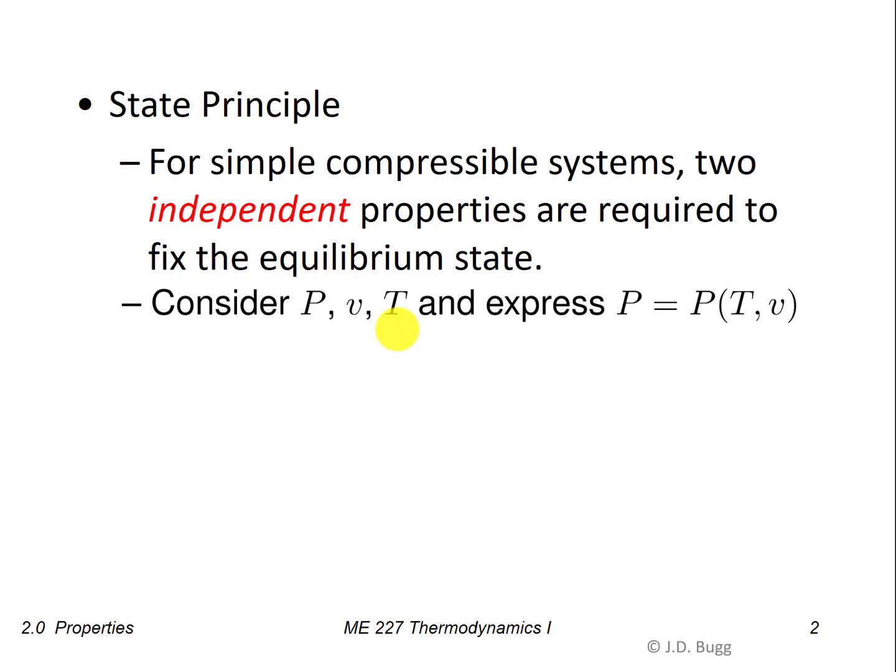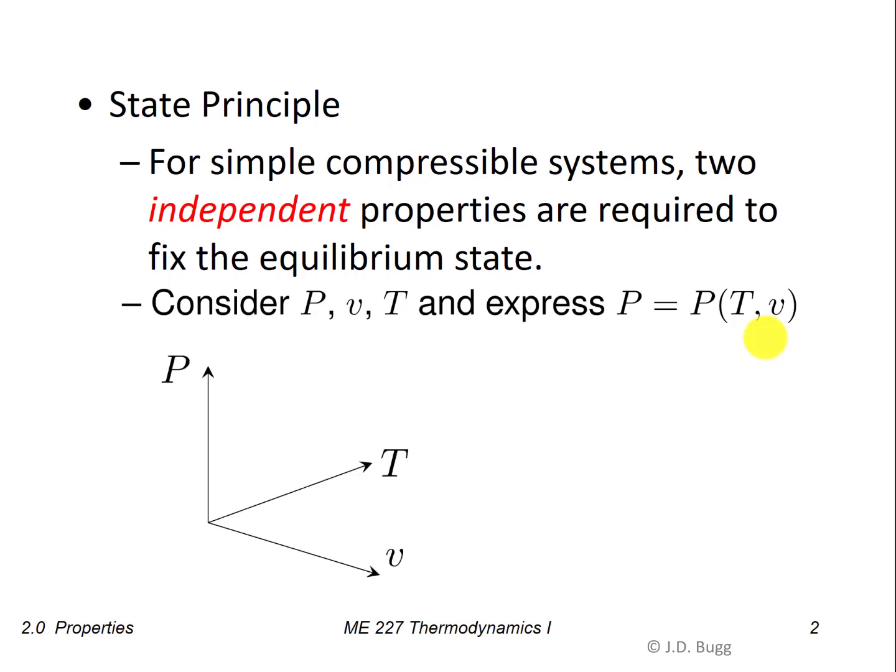So that means we could choose, if we wanted, temperature and specific volume, and that should be enough to figure out what the pressure is. So that's what that means. Given two properties in this illustration, that's temperature and volume, what is the pressure? So P should be able to be expressed as a function of T and V.